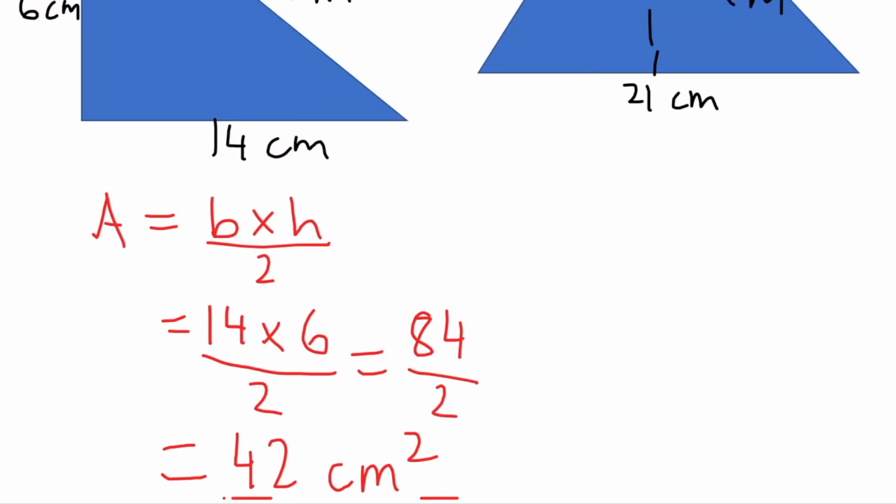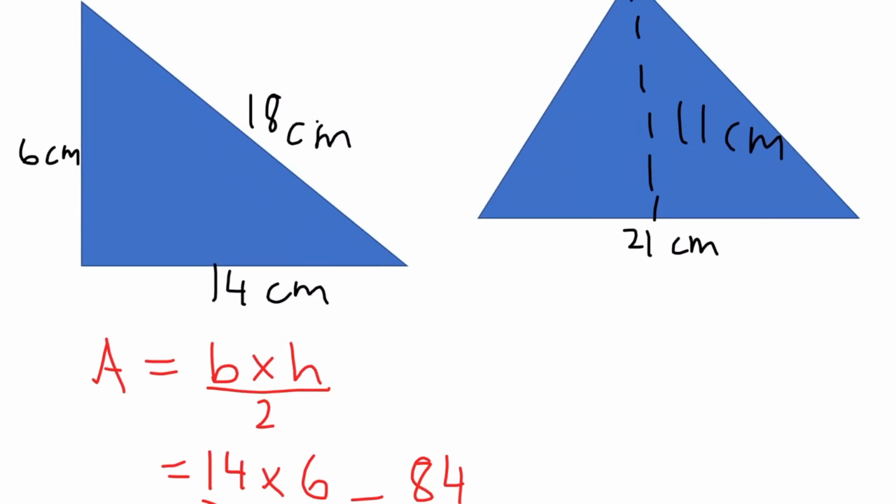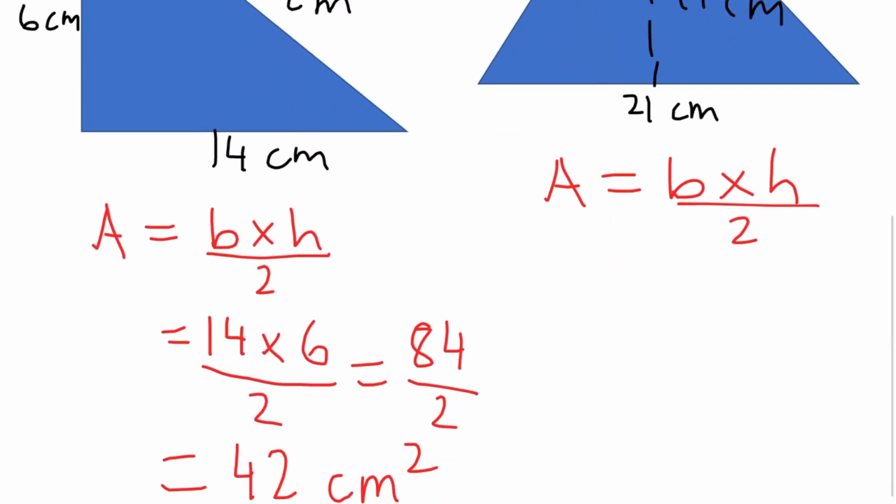Now let's move to the next triangle over here. This is a pretty simple one. Okay, the same thing, we'll mention the formula here. A, which is area of triangle, is equal to base into height divided by 2. So base into height. Now we'll just replace the base.